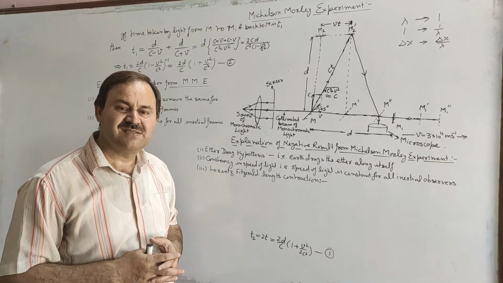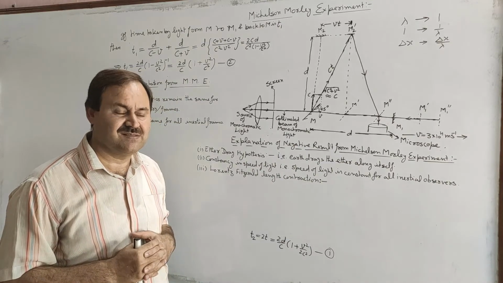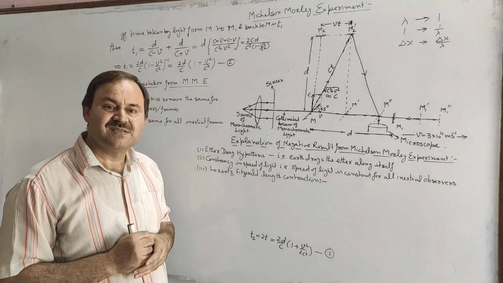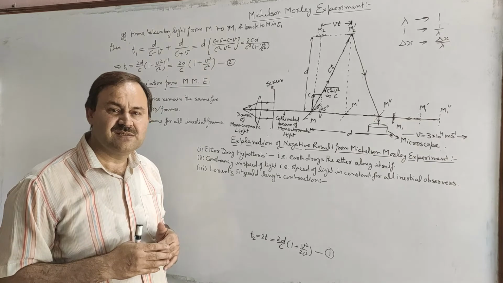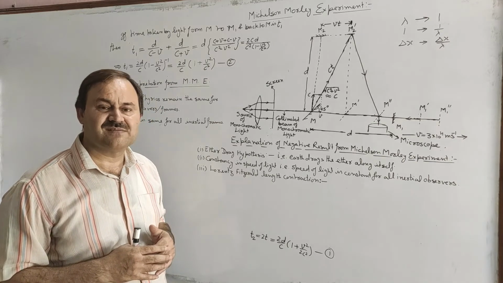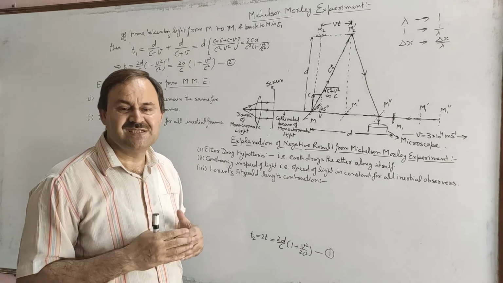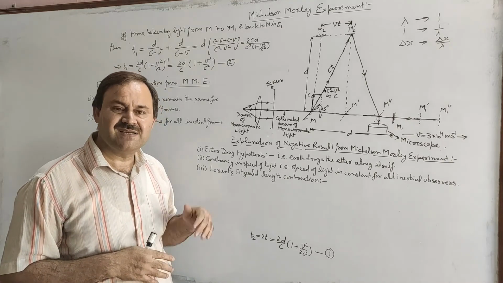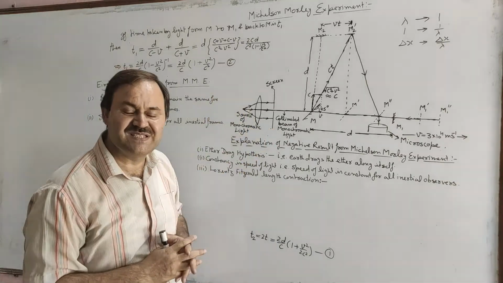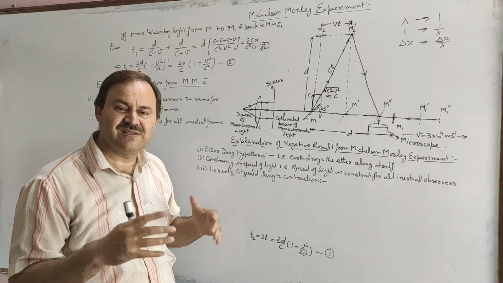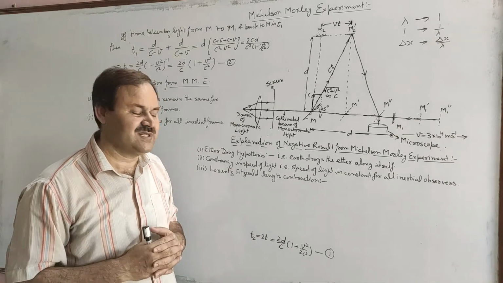That is why there is no relative motion between earth and ether. Second, the scientists suggested that the speed of light is constant. That is, the speed of light does not depend upon the relative motion. That's why the time taken along the two paths will be the same, and hence there will be no fringe shift because of no path difference.